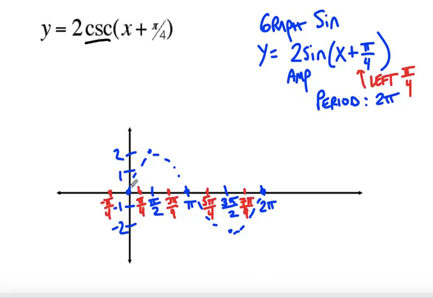So I need to take all of these and I need to shift to the left by pi over 4. So this is going to move here, this one will move to here, that'll move to the left, this will move to the left, and this will move to the left. So now, here's where I'm at with the red.